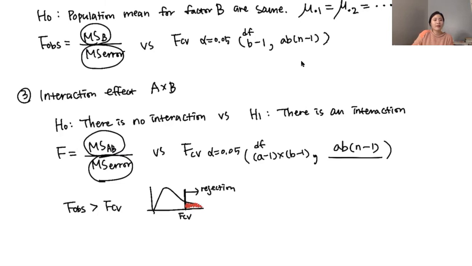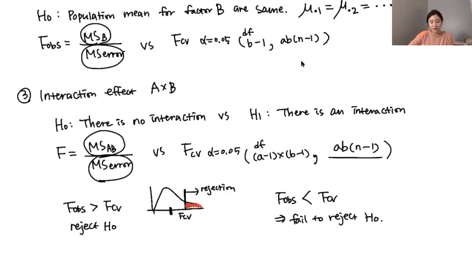So when the F observed value is greater than the F critical value, we reject the null hypothesis. And when the F observed value is less than the F critical value, which means that my observed value is located here, not in the rejection area, we fail to reject the null hypothesis.